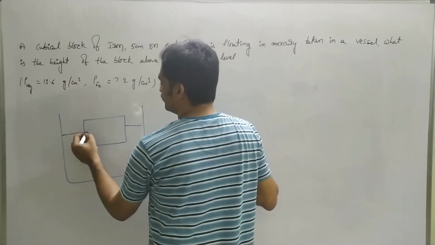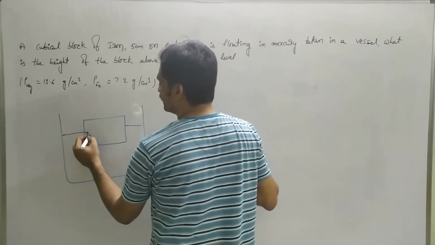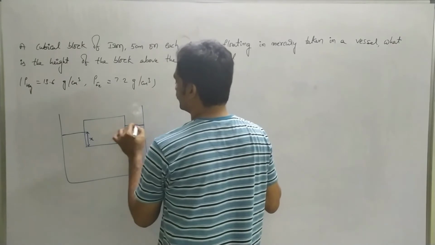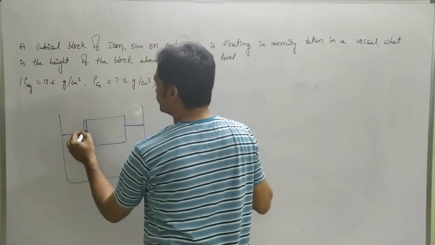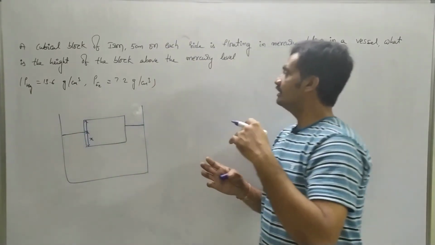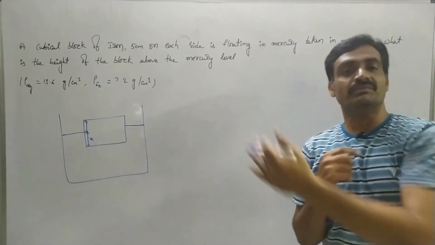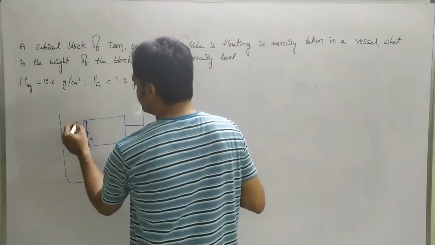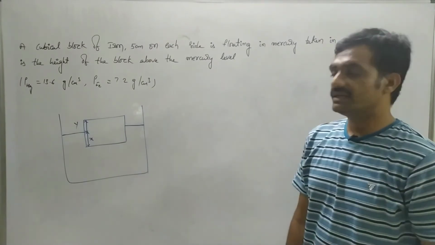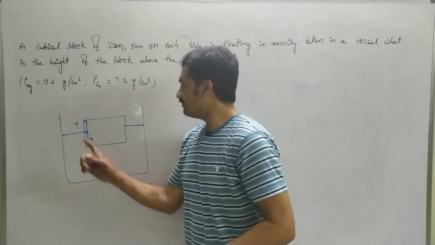Now let us consider the block is up to a height of x within the mercury. Now we have to represent the height of the block which is above the mercury level. So here we consider it as y. Now we have to find the value of y.